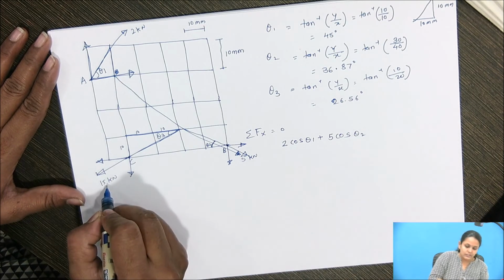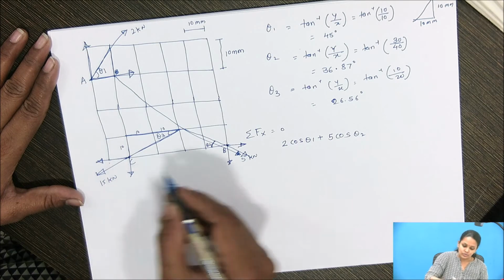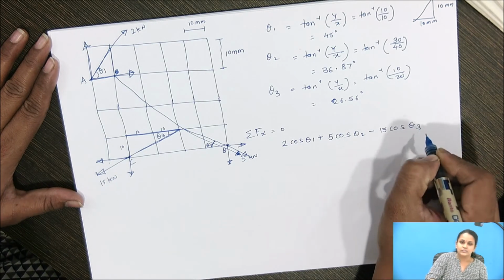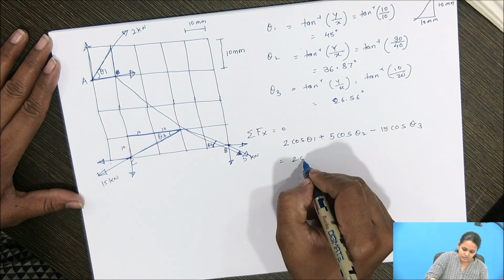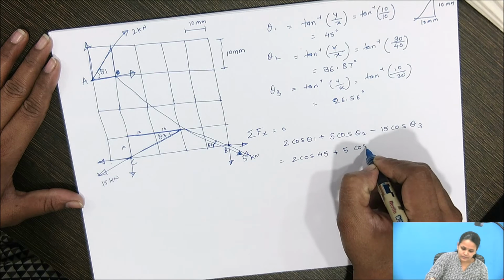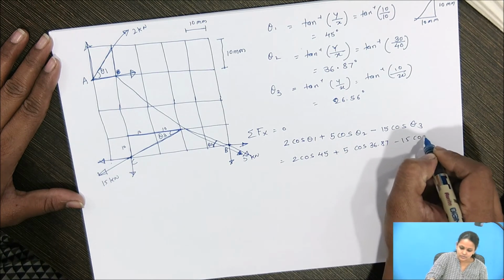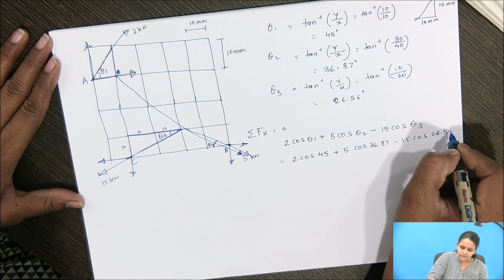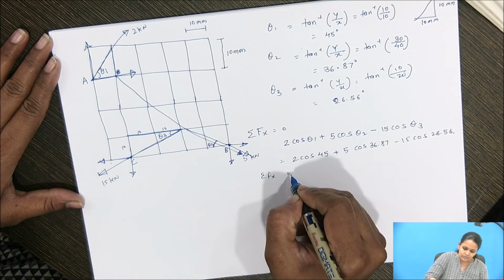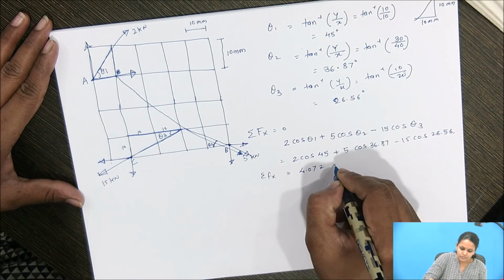Then this 15 kilonewton force horizontal component, it is acting towards the left. So here it is negative. So it is minus 15 cos theta 3. So here you will get 2 cos 45 plus 5 cos 36.87 minus 15 cos 26.56. So finally the summation f of x is equal to 4.072 kilonewton.